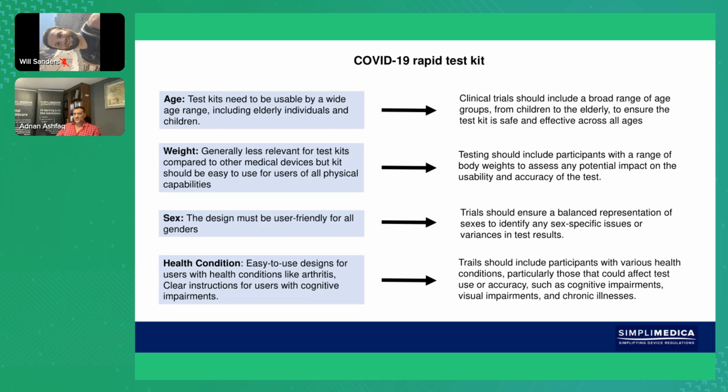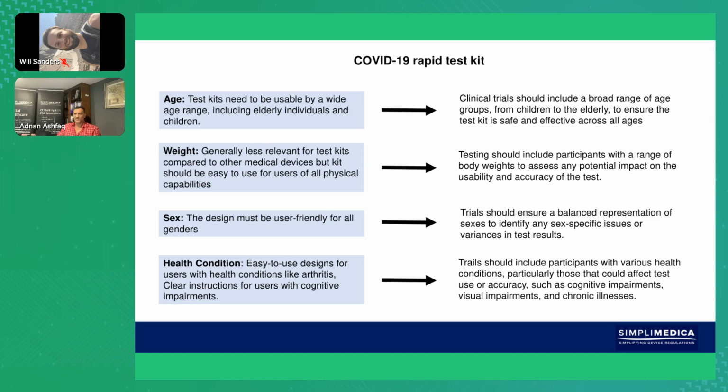So this is just going on to look at some examples now. Where it becomes relatively important is in a COVID-19 rapid test kit. For age, test kits need to be usable by a wide range, including elderly individuals and children. Weight is generally less relevant, but it should be easy to use for people with physical disabilities, not just capabilities.